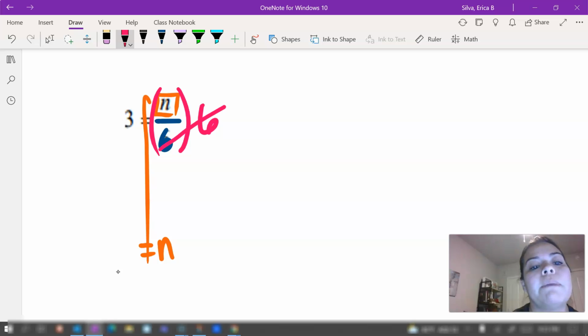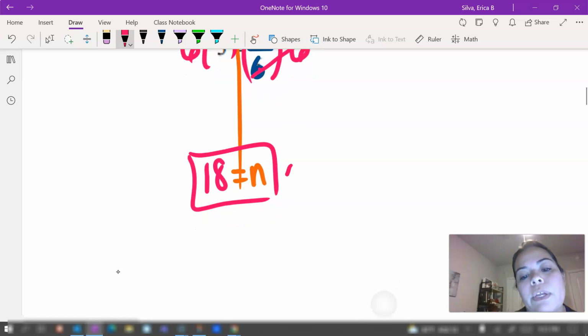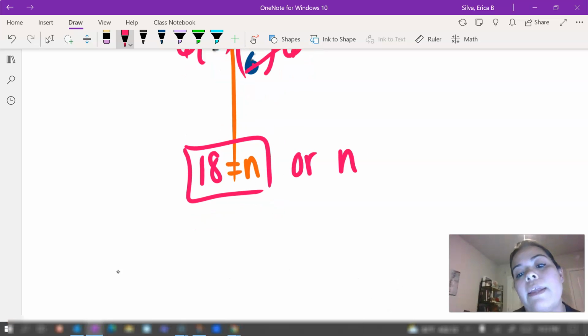So we're going to multiply by 6 to one side. And what we do to one side, we have to do to the other side. So 6 times 3 is 18, and then 6 divided by 6 is that 1, but again, we never put it down. So n is equal to 18, or you can also see it written as 18 equals n. They're the same thing.